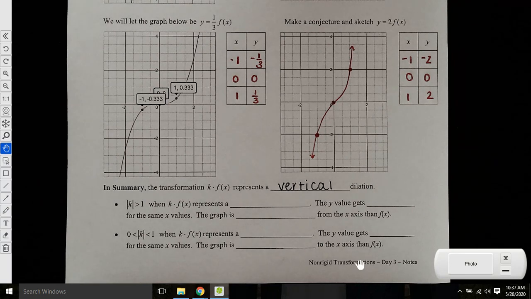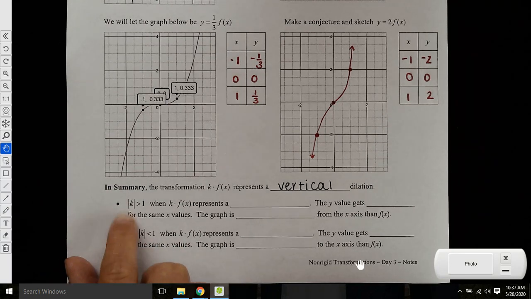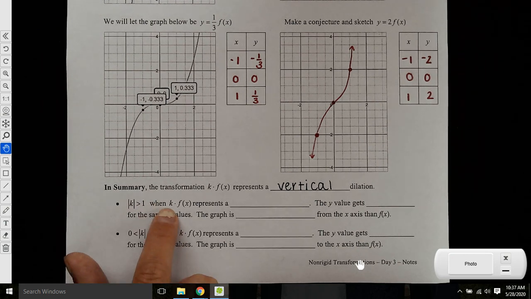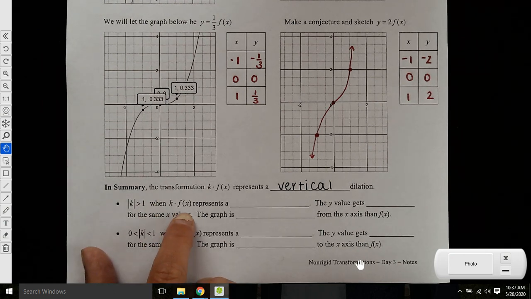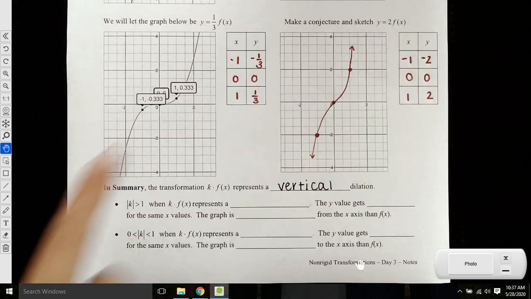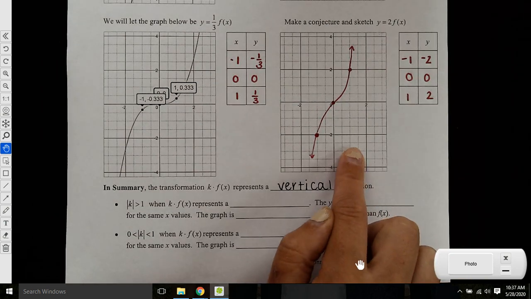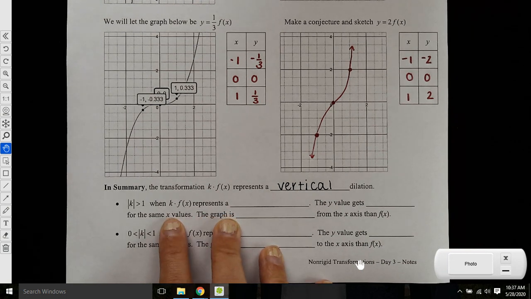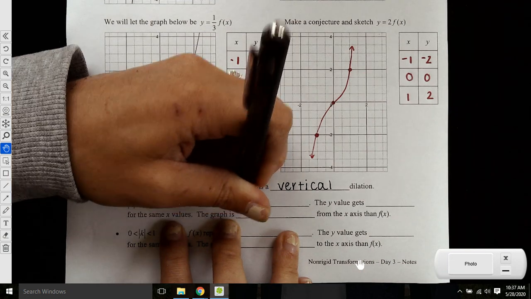So if you have the value of k, the absolute value, because in this situation the plus or minus doesn't matter, we're just looking at that value. When the value of k is greater than 1, when you multiply k by f of x, so that's looking at 3 times f of x in the top right and 2 times f of x, it represents a vertical stretch.